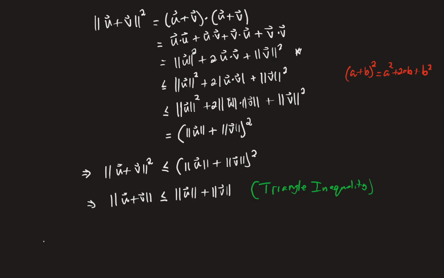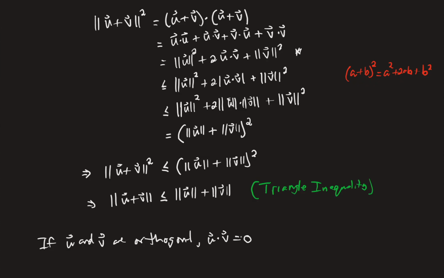So now, let's take a look at this. If u and v are orthogonal, remember, that's that fancy word for perpendicular, or they meet at 90 degrees, what do we know about the dot product? Well, the dot product has to be 0 because the cosine of 90 degrees is 0.